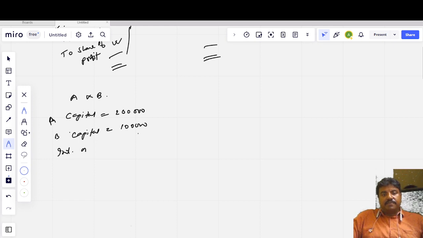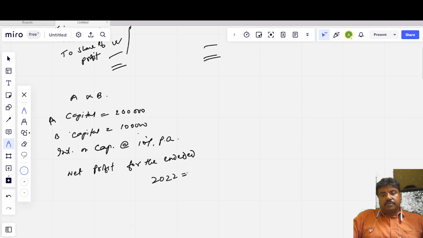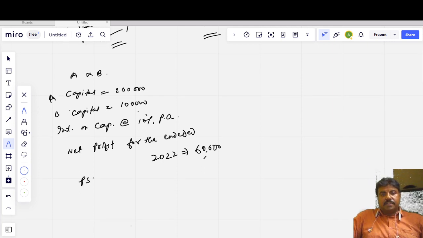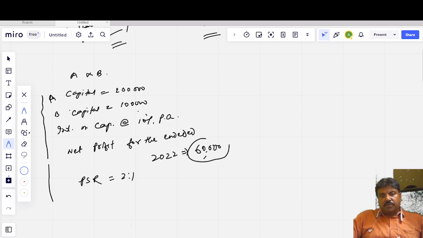Interest on capital to be provided at the rate of 10% per annum, and net profit for the year ended 2022 is 60,000. And profit sharing ratio is 2:1. So this is the situation wherein the profit of the year is 60,000.